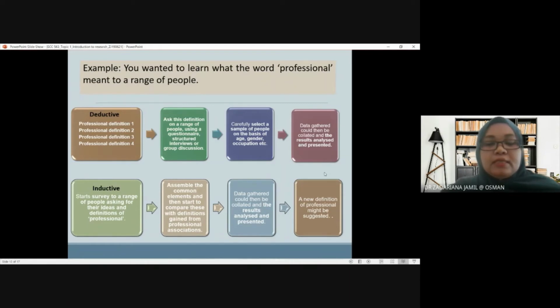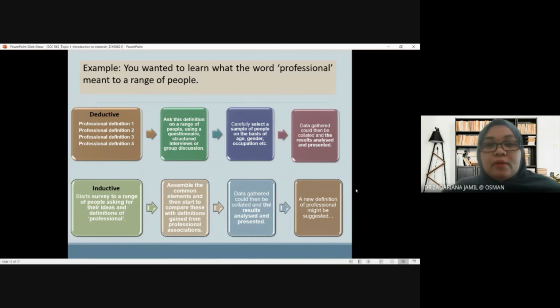The result from this inductive study, because you are asking a very large group of people in the community, may be a new definition of professional, because they are expressing their own thoughts on the definition of professional.